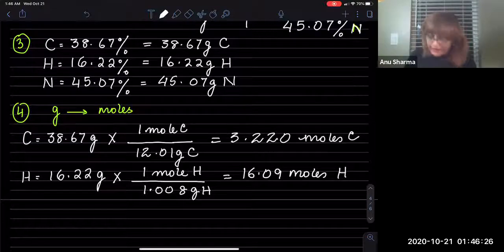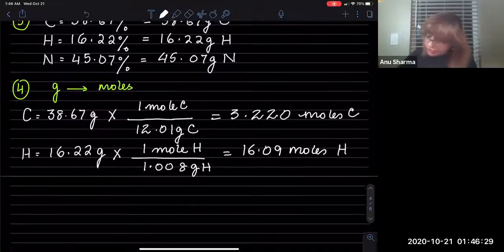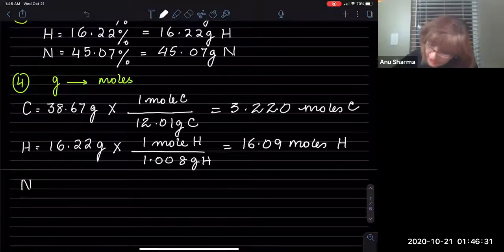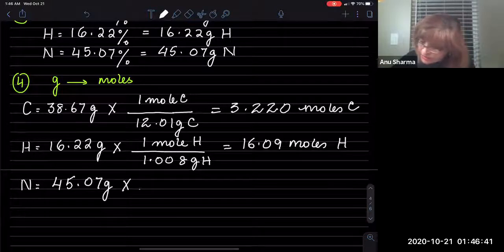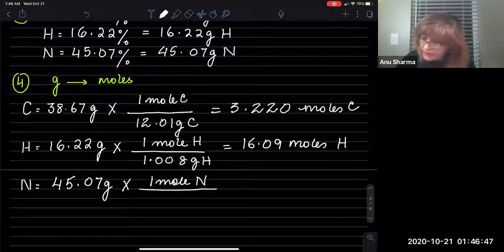Next comes the nitrogen. The nitrogen is equal to 45.07 grams of nitrogen times 1 mole of nitrogen is 14.01 grams of nitrogen.